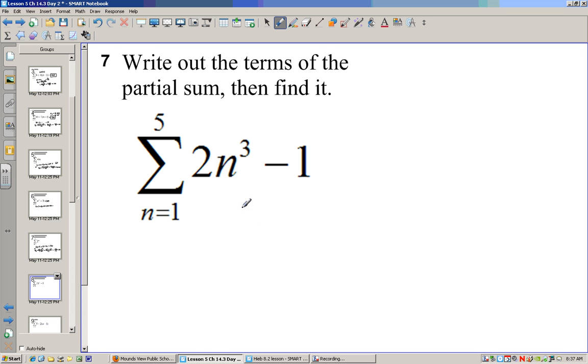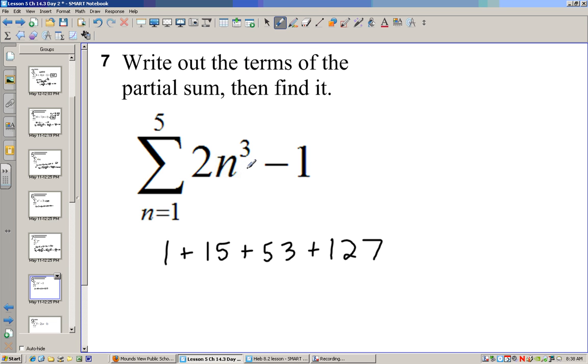Let's try this one. Plug in a 1. 1 cubed times 2 is 2, minus 1 is 1. Plus 2 cubed, 8, times 2 is 16, minus 1 is 15. 3 cubed is 27. 27 times 2 is 54, minus 1 is 53. 4 cubed is 64. 64 times 2 is 128, minus 1 is 127.